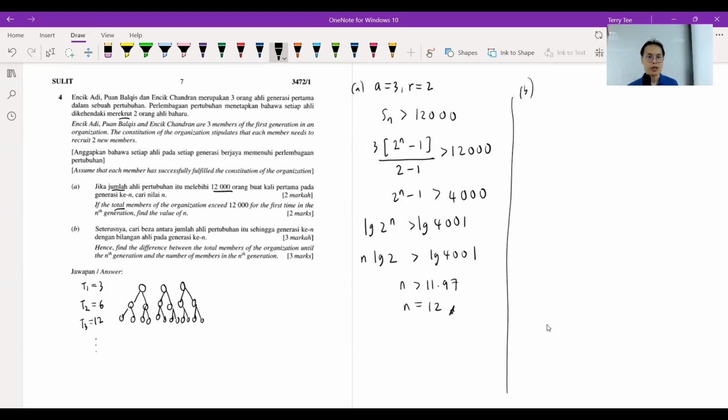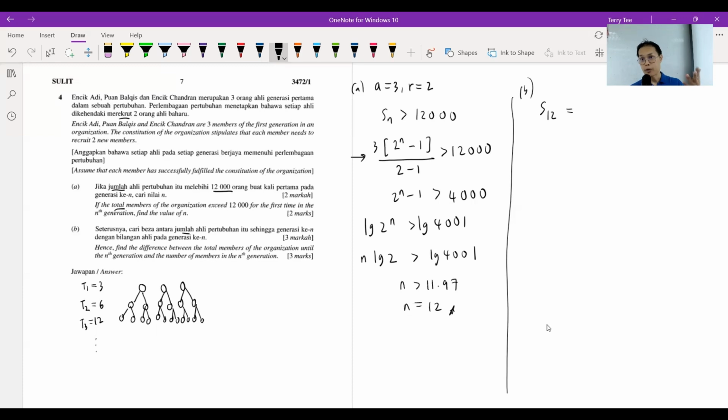Alright, seterusnya, cari beza antara jumlah ahli pertubuhan itu sehingga generasi ke N dengan bilangan ahli pada generasi ke N. Okay, here we have 2 different methods. First of all, they say jumlah ahli pertubuhan sehingga generasi ke N. That means we are talking about S12. We can sub inside here. It's not 12,000.